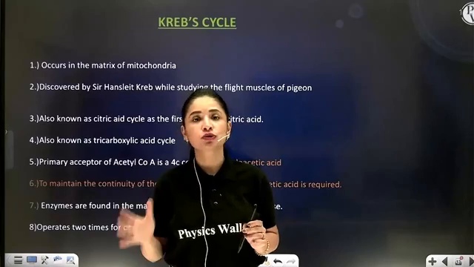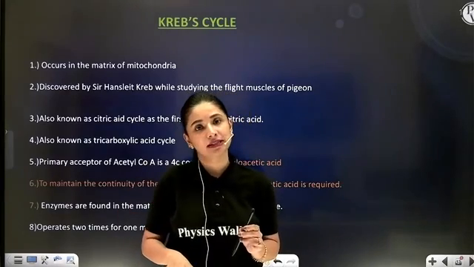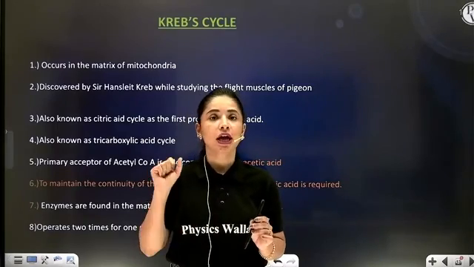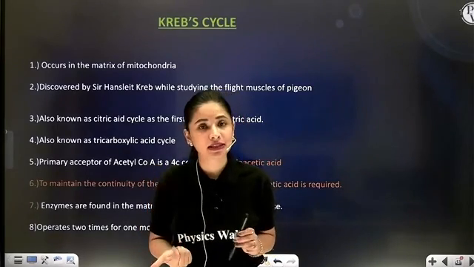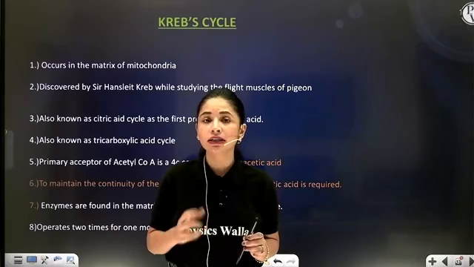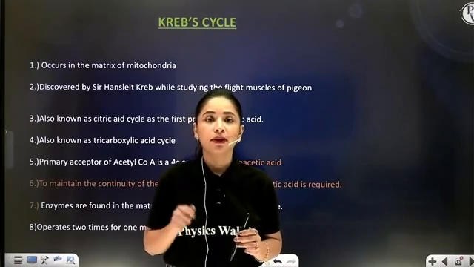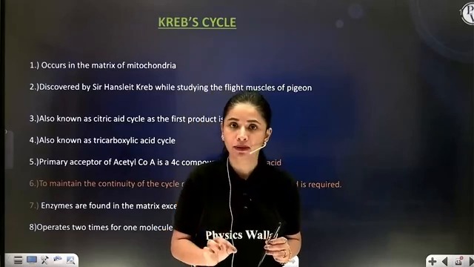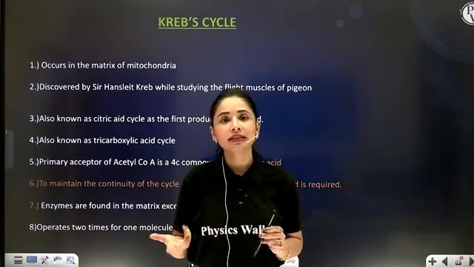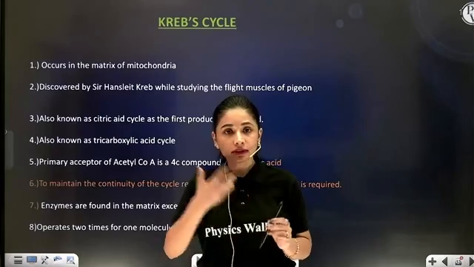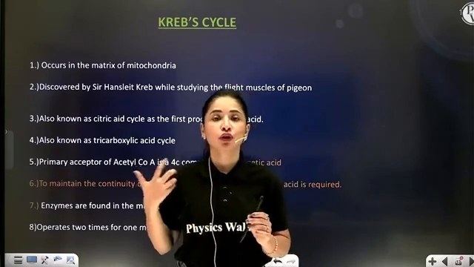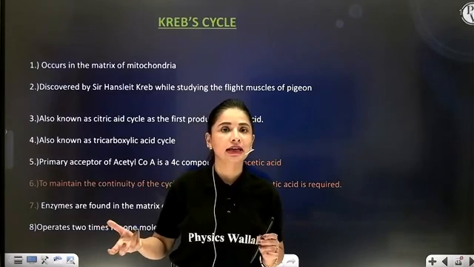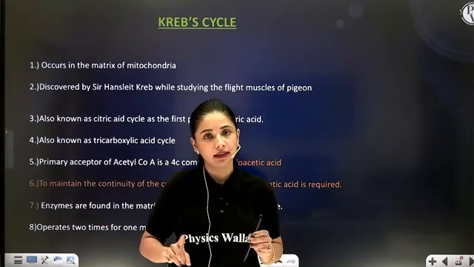The sequence of steps that happens with acetyl coenzyme A together is known as the Krebs cycle. Why do we call this the Krebs cycle? Because it was discovered by Sir Hans Krebs. To honor the scientist who discovered the entire pathway for the oxidation of acetyl coenzyme A, we call this cycle the Krebs cycle.